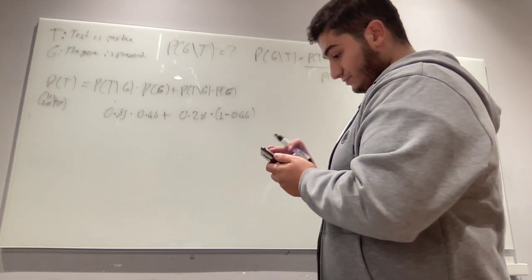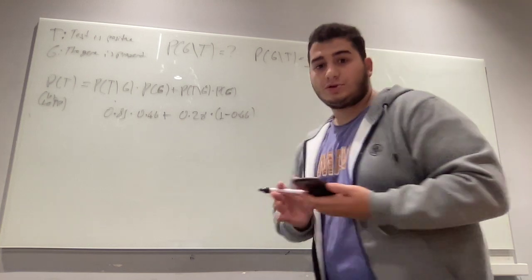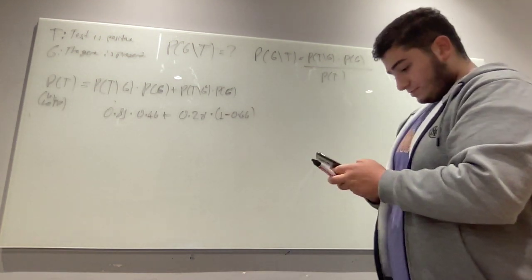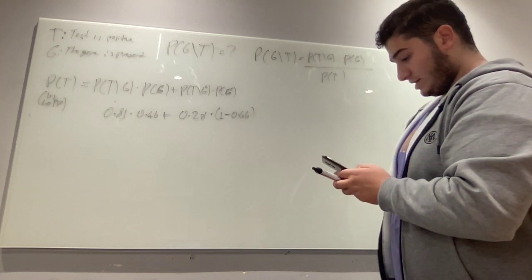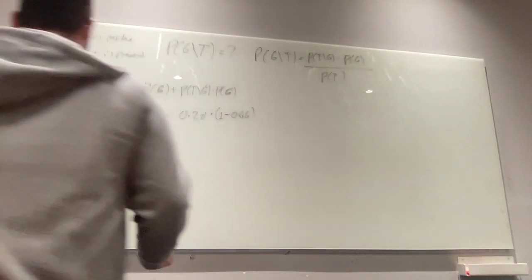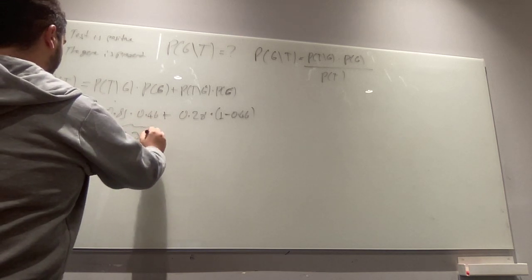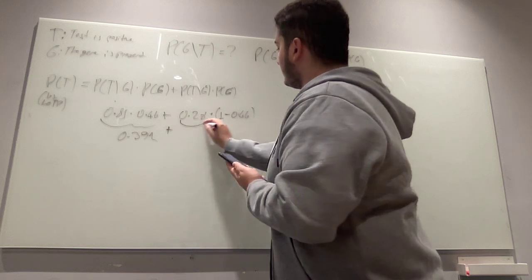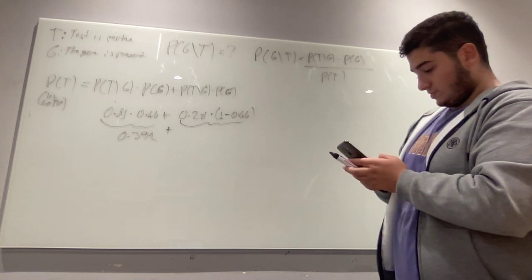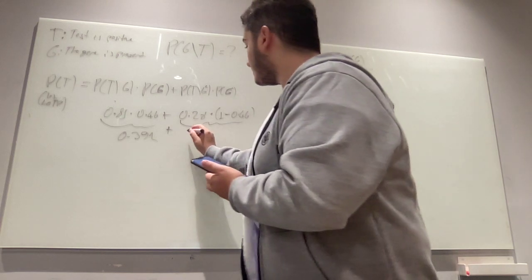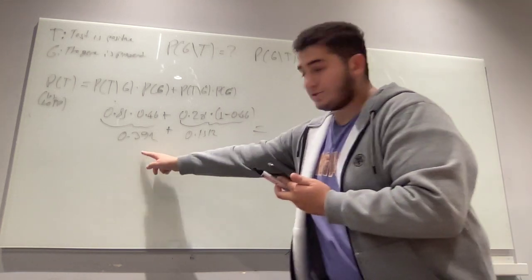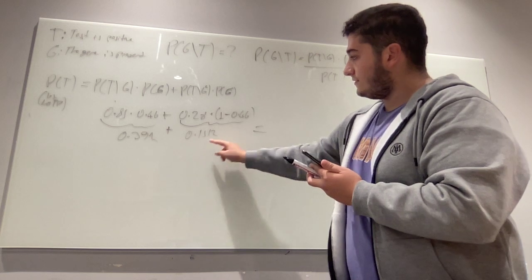When I compute that, I will do it right now, or I will check it. 0.85 times 0.46 gives 0.391, plus 0.28 times 0.54 gives 0.1512.